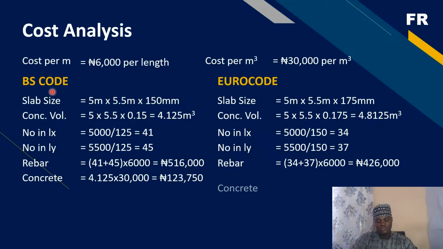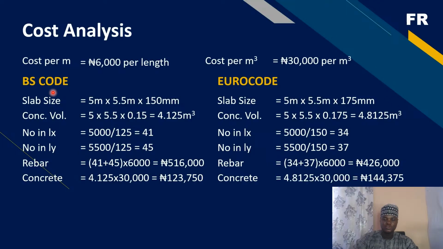Then according to the Eurocode, we are going to be having 4.8125, which is the concrete volume, multiplied by 30,000 naira per cubic meters. So you have 144. So you can see that the volume of concrete according to the Eurocode is slightly more compared to the BS code, but the reinforcement is slightly reduced compared to the BS code.